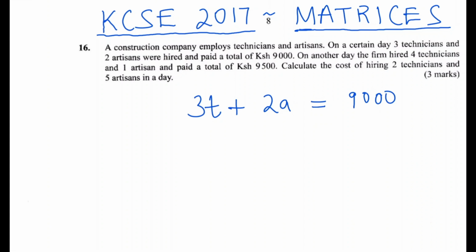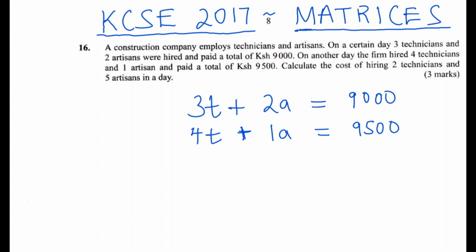On another day, the firm hired 4 technicians and 1 artisan, and these were paid a total of 9,500 shillings. Calculate the cost of hiring 2 technicians and 5 artisans in a day. So let us first get the cost of hiring 1 technician in a day and also the cost of hiring 1 artisan in a day.